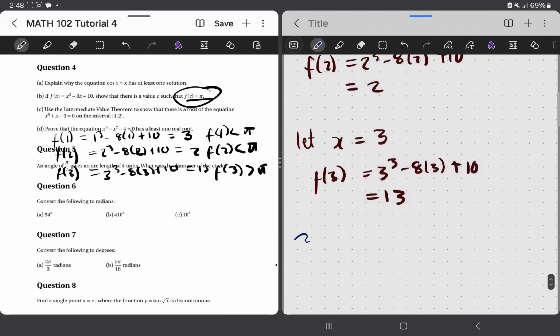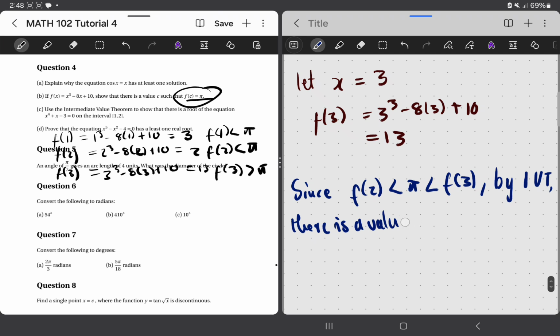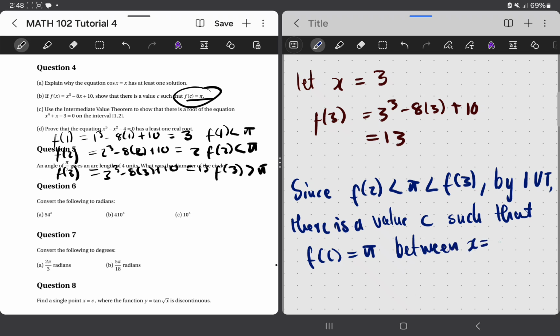Now here you can say, since you're showing that f of 2 is less than pi, but pi is less than f of 3, then by the IVT, the intermediate value theorem, there is a value c such that f of c is equal to pi, and this is between x equal to 2 and x equal to 3.